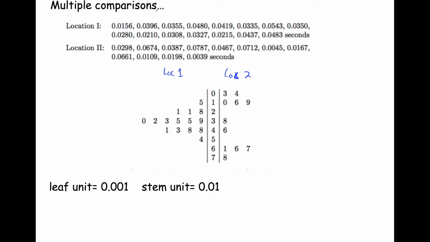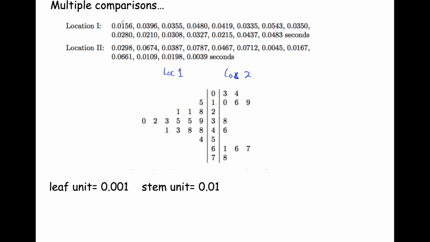And so if we look at the 100th place, that's 0.00, 0.01, 0.02, 0.03, 0.04, 0.05, 0.06, 0.07. And now, going to the left-hand side for location 1's measurements, we go to the 1,000th place for the decimal.